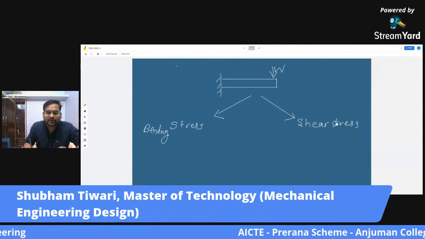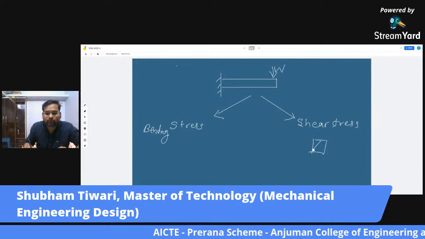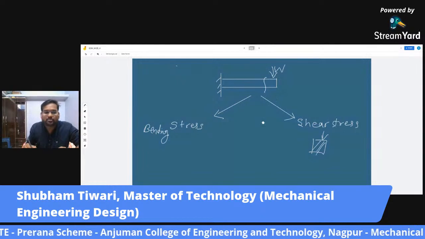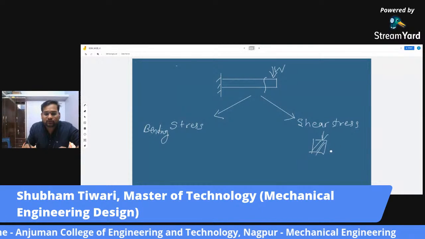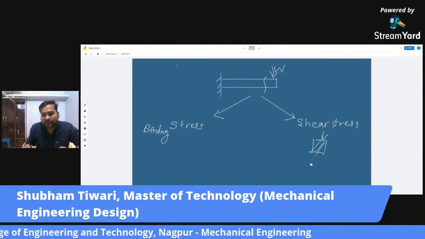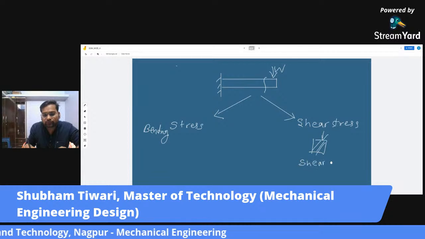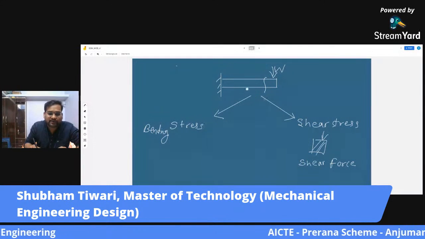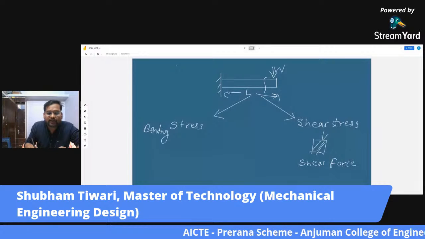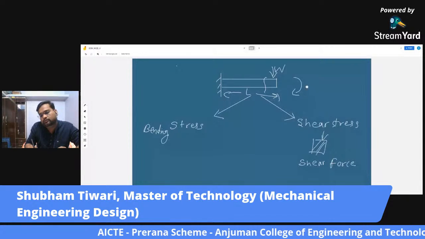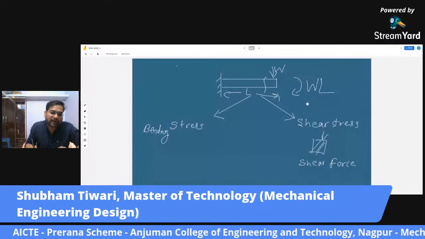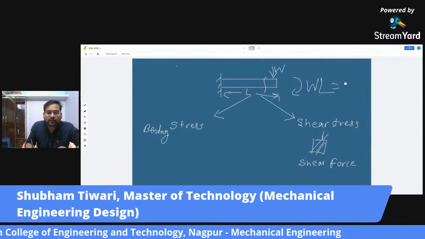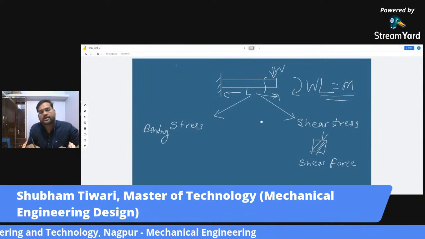The shear stress is because of this load W, which is parallel to this cross section, and in this way the beam can fail. So what is the factor responsible for shear stress? Shear force. And for bending stress, if L is the length, then a moment of magnitude W into L, force into perpendicular distance, is our bending moment.